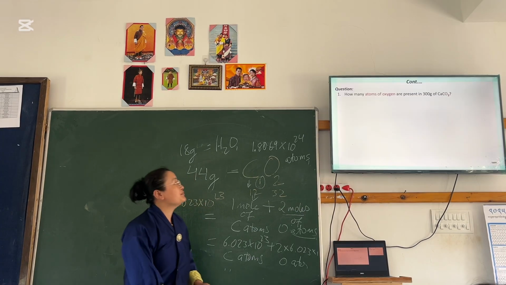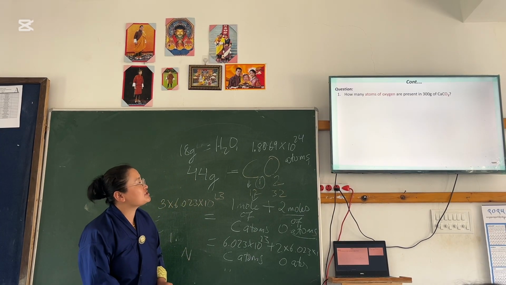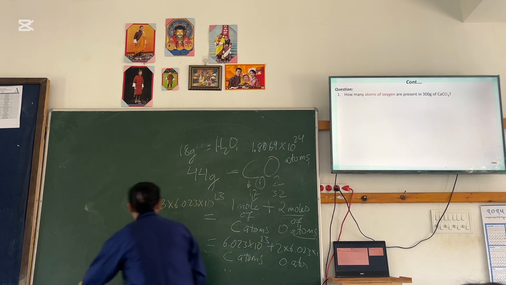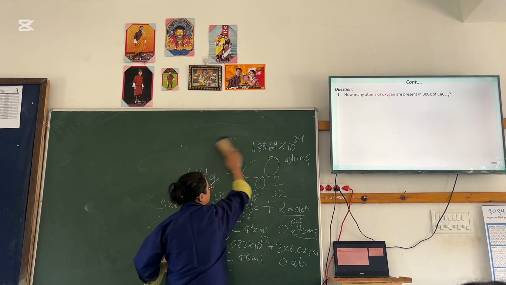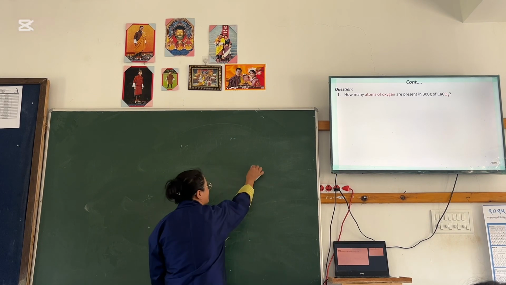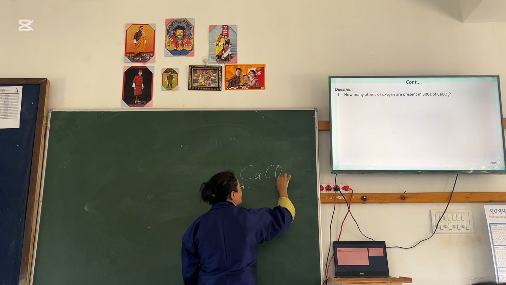How many atoms of oxygen are present in 300 grams of calcium carbonate, CaCO3? They are asking how many atoms of oxygen. See here we have calcium carbonate.